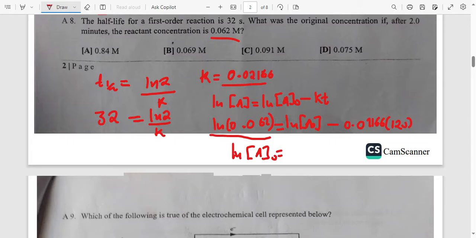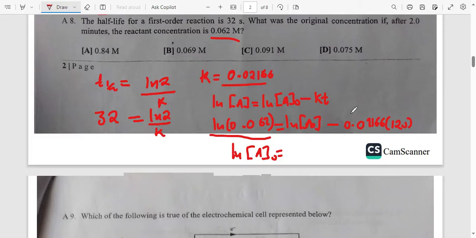Accuracy. Okay, 0.02166 multiplied by 120. That is going to give us like a 2.599. You can confirm that. And then that number, is that the same one you found?